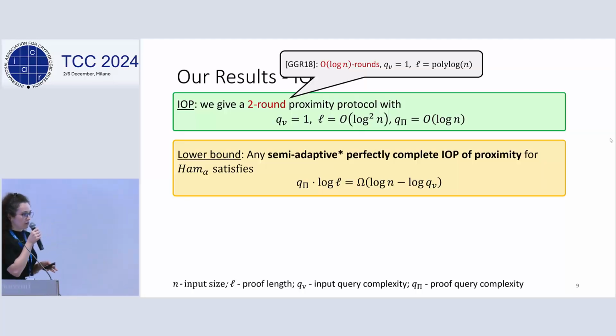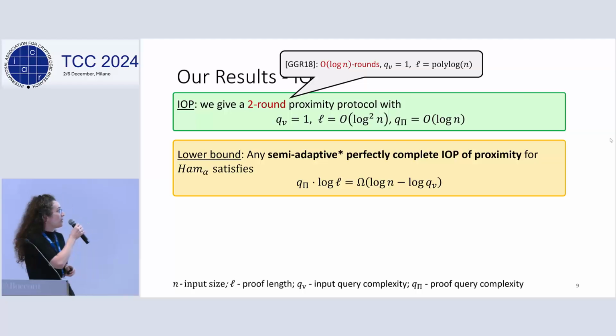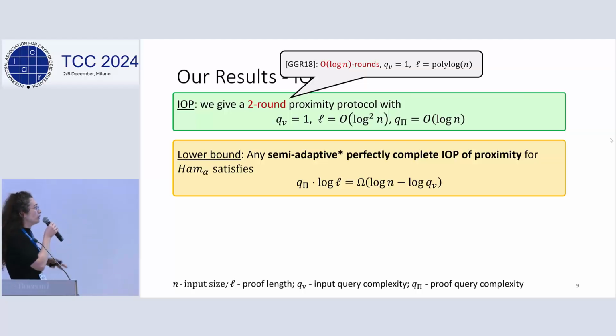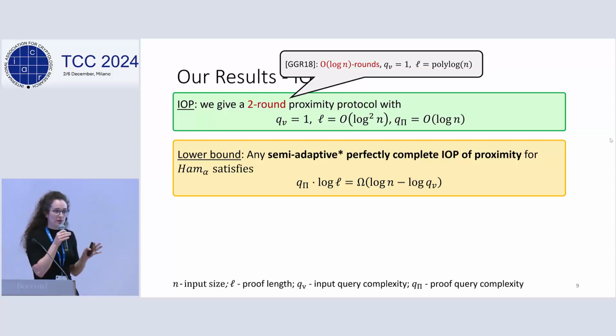As a lower bound, we show that any semi-adaptive, perfectly complete IOP of proximity for the Hamming weight protocol has the following condition, where semi-adaptive IOP is an IOP that is stronger than non-adaptive but weaker than adaptive, so it lies somewhere in between those two models.